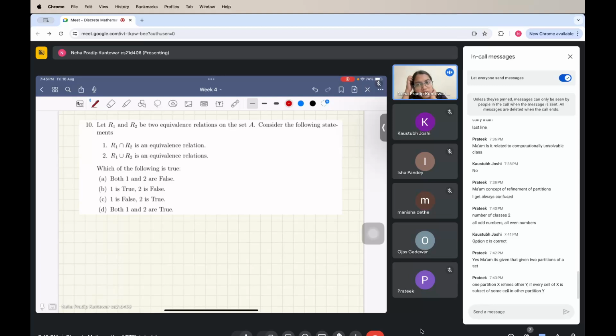The union would be an equivalence relation. Sorry, but your answer was that intersection is an equivalence relation, whereas union may not be an equivalence relation. No, no, ma'am. I said after that, statement 2 is correct. I didn't say option B. Okay, okay. I explained it for statement 2 only. Okay, that is fine. So I'll come back to it.